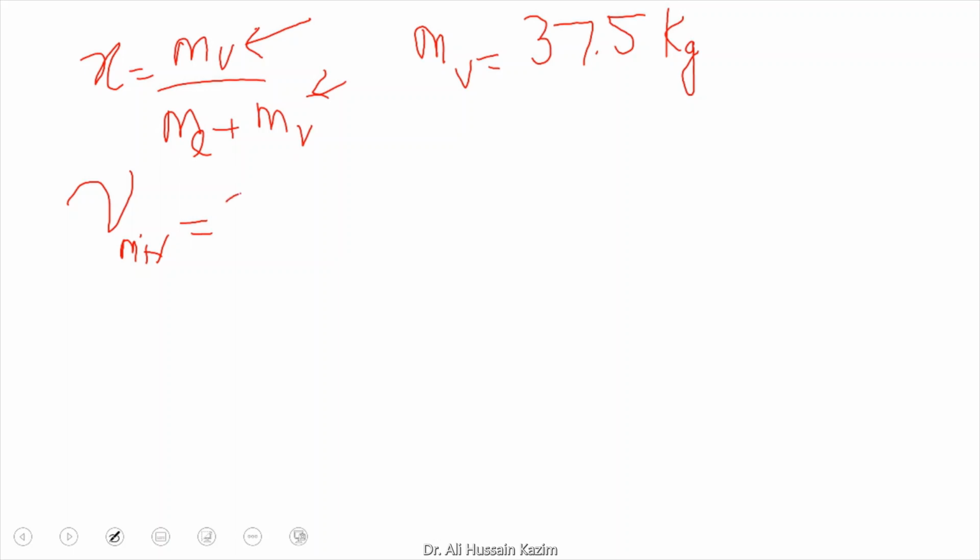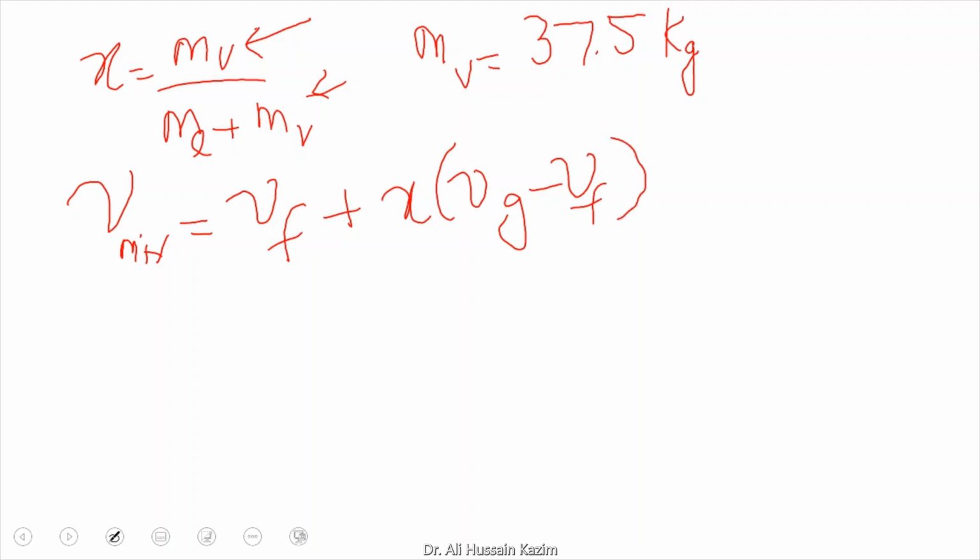The specific volume of the mixture formula is Vf plus x into Vg minus Vf. Vf and Vg are available from the tables at the pressure of 10 bar.